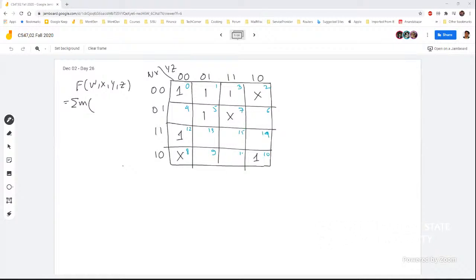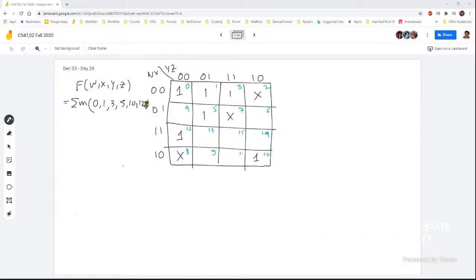So this would be sigma of 0, 1, 3, 5, 10, 12, looking at where the ones are.